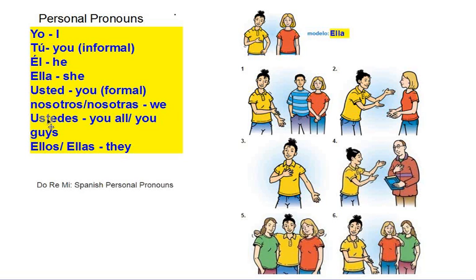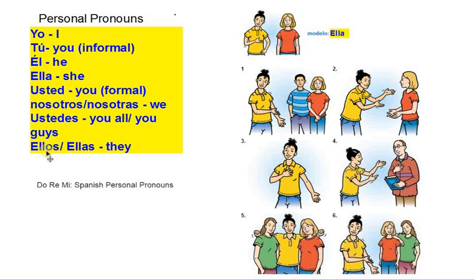But if I'm talking to more than one person, like if as a teacher I'm talking to all my students, I'm going to use ustedes, which means you all or you guys. There is another version of ustedes that also means you all or you guys, which is vosotros or vosotras, but it's only used in Spain, so we are not going to see it, okay?